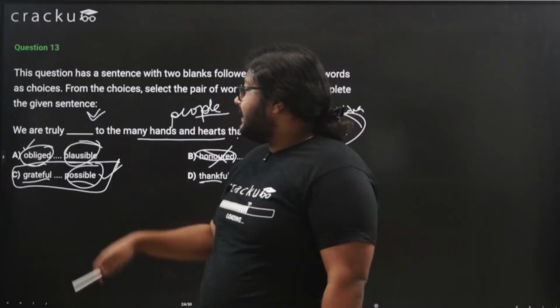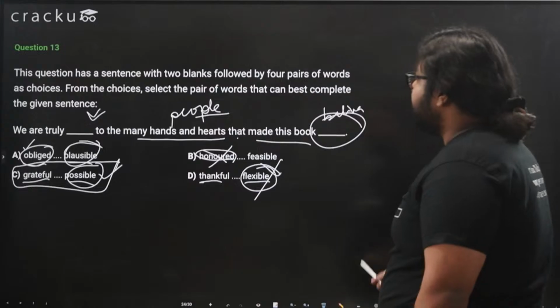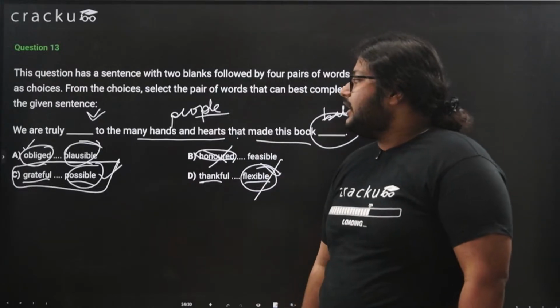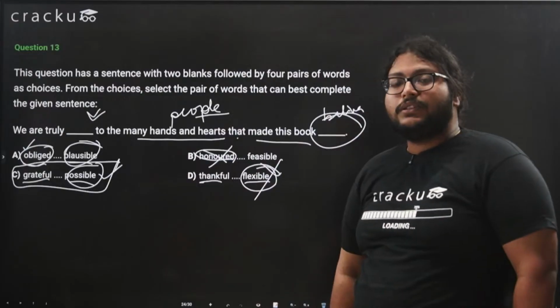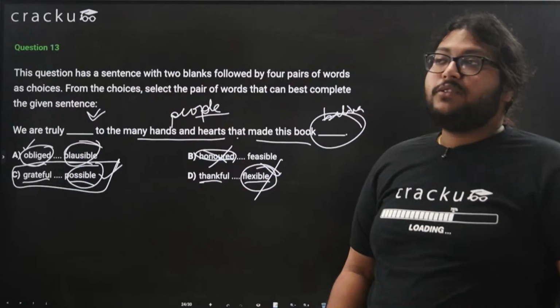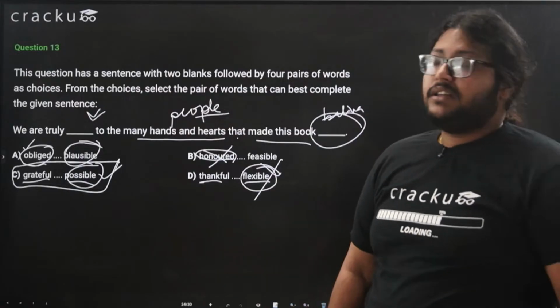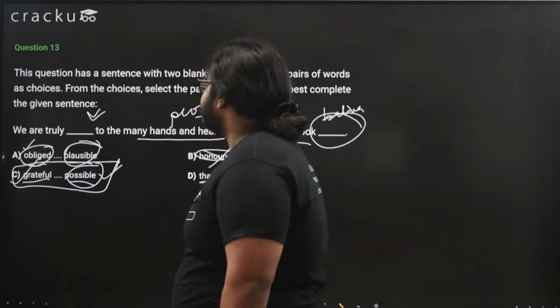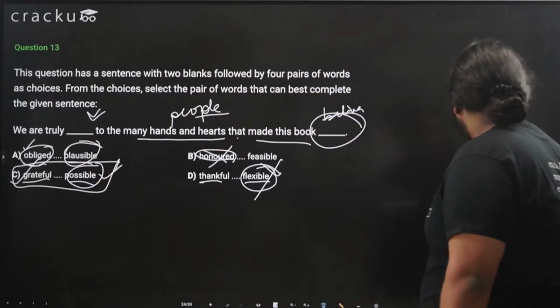So if we read the sentence, we are truly grateful to the many hands and hearts that made this book possible. This is something of an author's note. The author is telling us, I'm very grateful to all the people who've made this book possible. So option C is the correct choice here. Let's move to the next question.